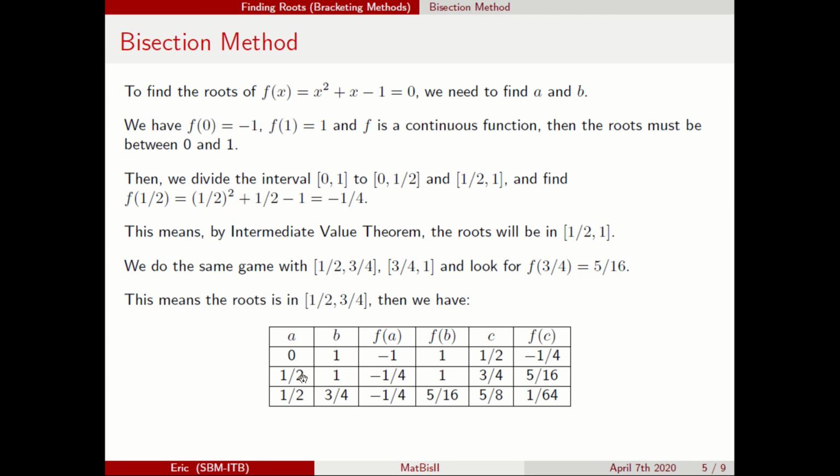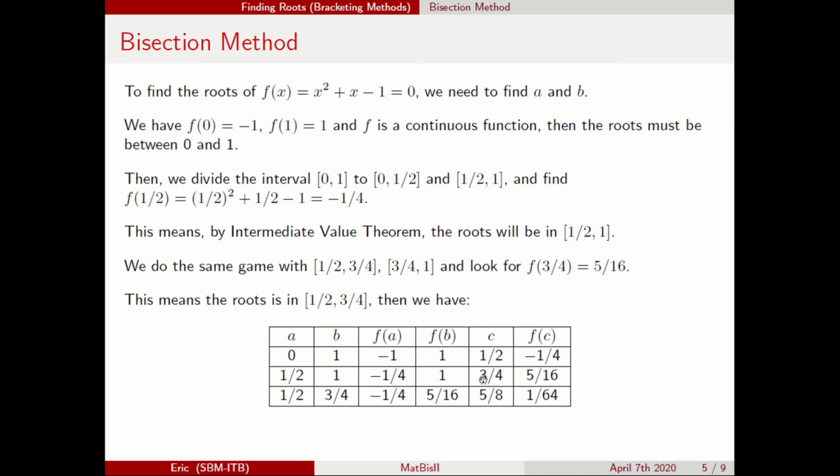You're right. It must be between a half and 3 over 4. Why? Because FA is negative and FC is positive. So you have a plus and a minus, so the root must be between A and C.